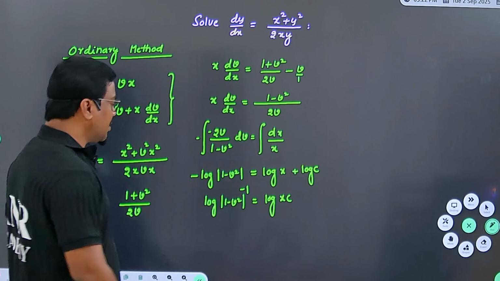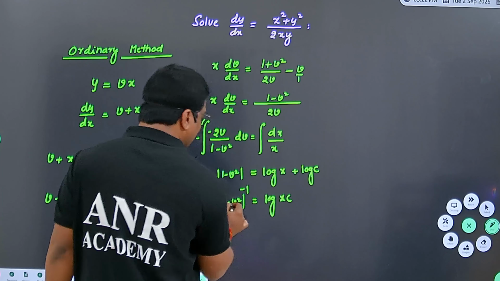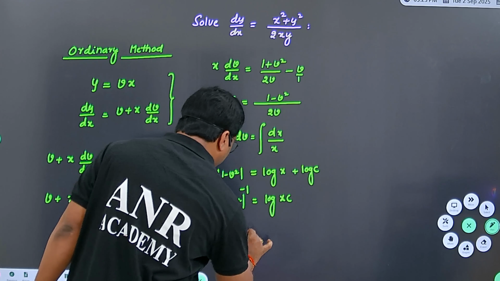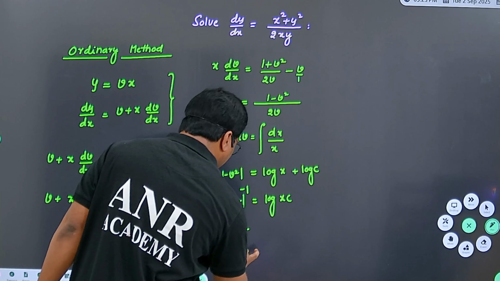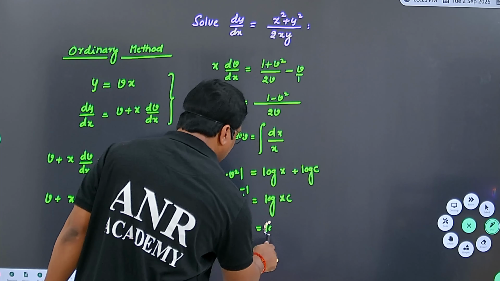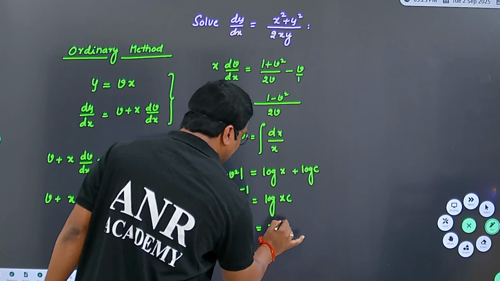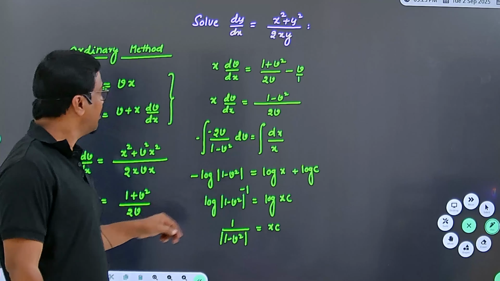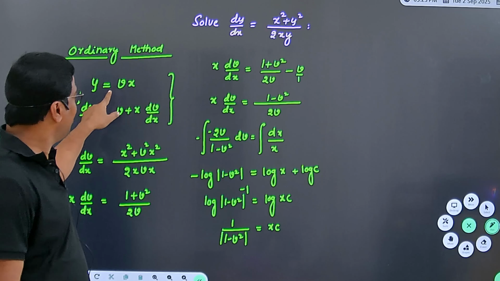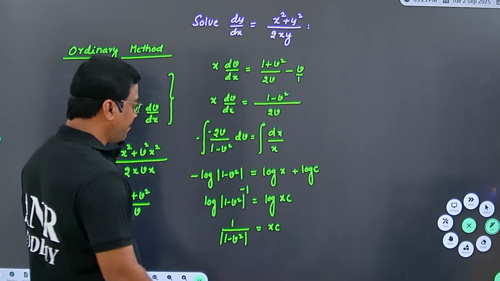Neglecting logarithm on both the sides, we get (1 minus v square) power minus 1, that is 1 by modulus (1 minus v square), that is clearly x into c. Also from y equal to vx, you can write the value of v as y by x.